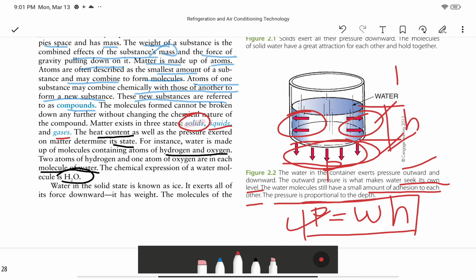The deeper the water, meaning if this increases, your pressure increases, right? Because H is increasing, so P is increasing if you hold this constant. Why is this constant? Because it's the same water, same H2O.